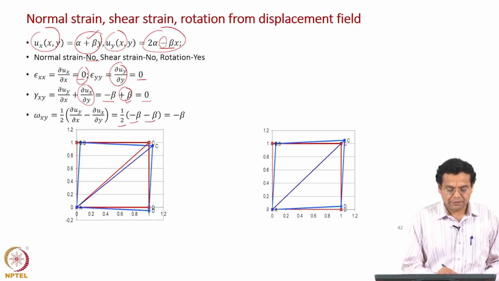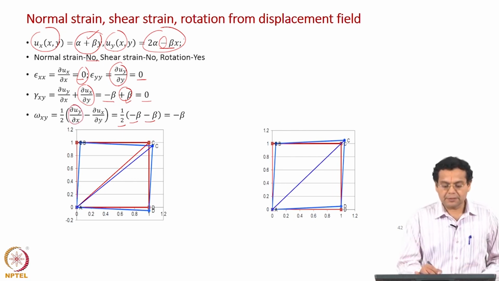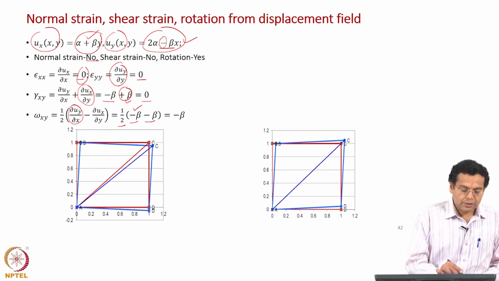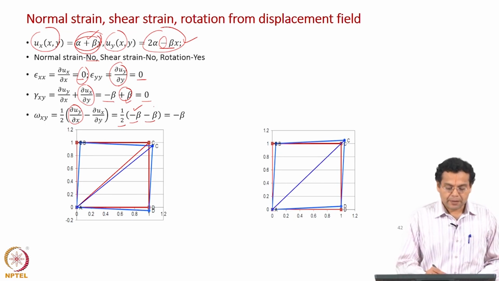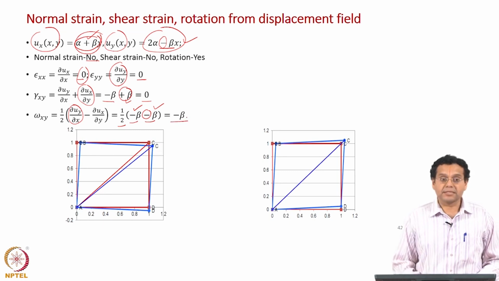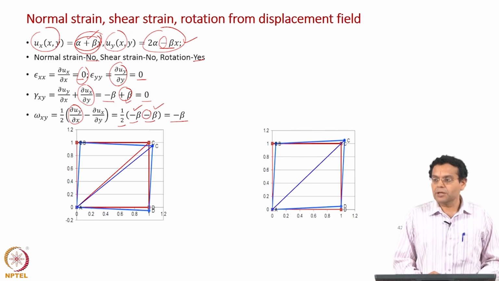Now it is half dou uy by dou x, differentiating this expression with respect to x gives you minus beta, and then differentiating this expression with respect to y gives you beta, but you have an additional minus sign. So, if you evaluate, you get minus beta. That is what we said, rotation is yes, but what is the difference now? Quantitatively we have evaluated that it is minus beta. For example, if beta was 0.05, then omega xy is equal to minus 0.05.